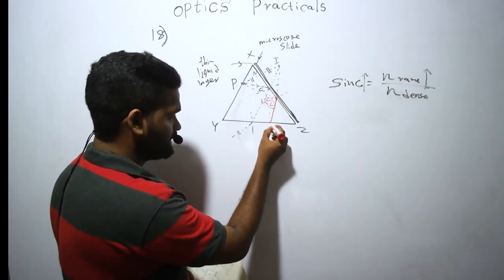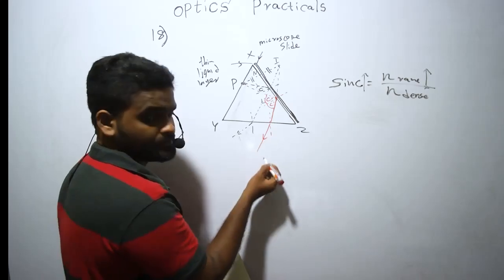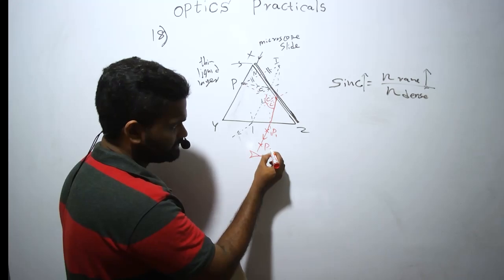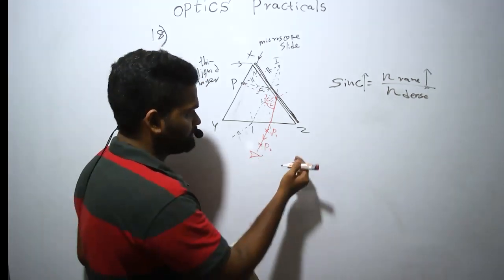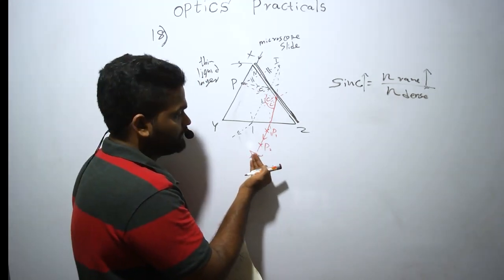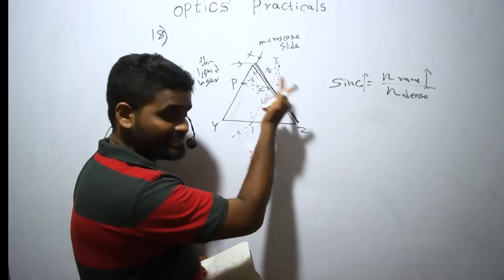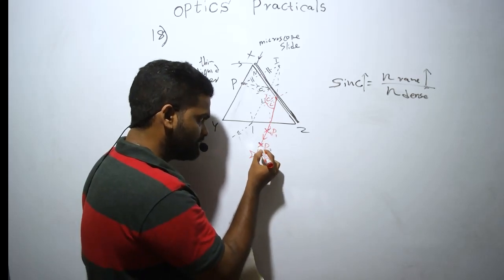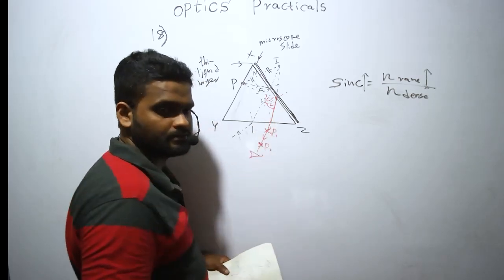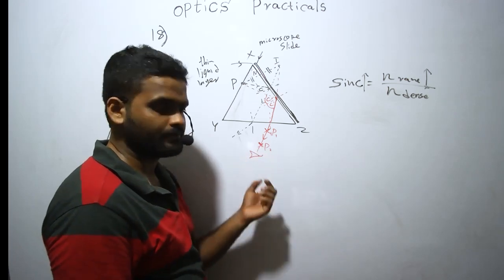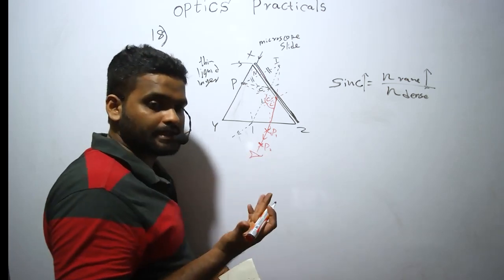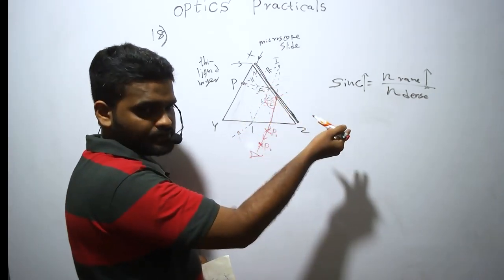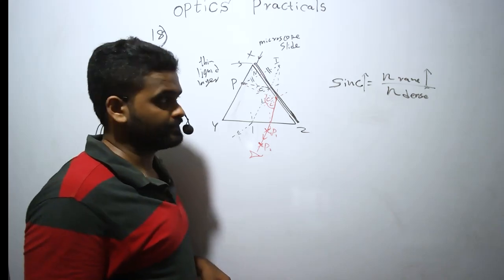Then the normal and the ray comes out. You place P1 and P2 pins here, right? For these, you do the same experiment. You move the eye from here to here. When the image of P disappears, you place P1 and P2 optical pins along that line, right? You do the same stuff. But here what you have to understand is that when there's a liquid layer, the critical angle got larger compared to the previous critical angle, right?